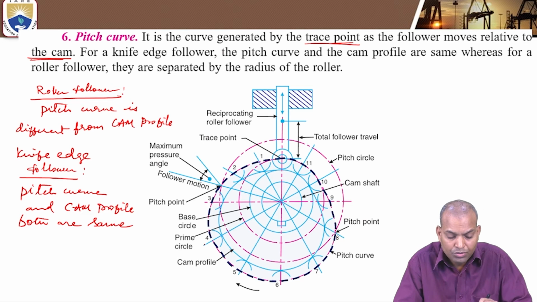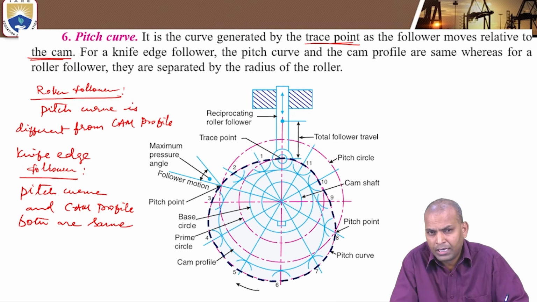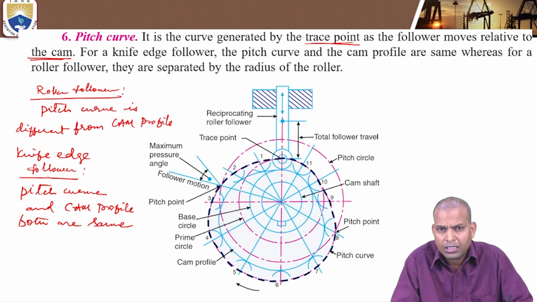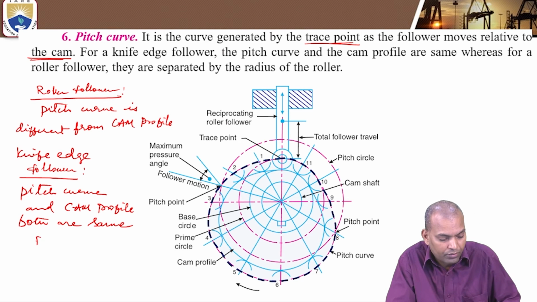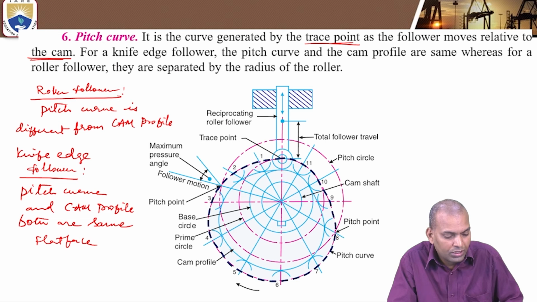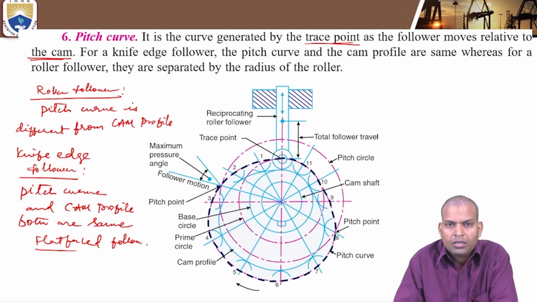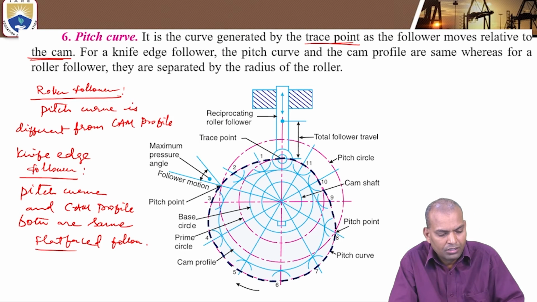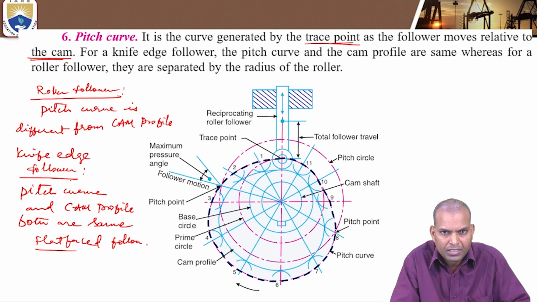As I told you, knife edge follower and roller follower, there is another type of follower. That type of follower is the flat faced follower. I am comparing only the roller and knife edge. What about the flat faced follower? In the case of the flat faced follower, the pitch curve is also the same as the cam profile, as with the knife edge follower.